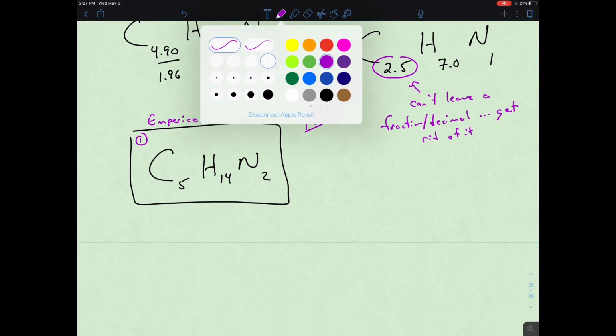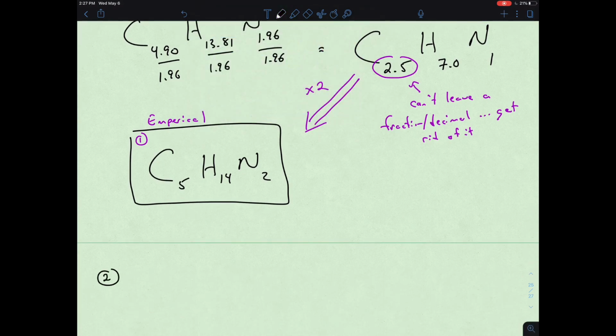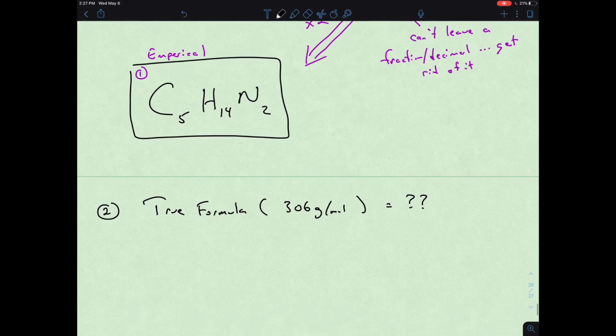The second part was then, right, what's the true formula? We know the molar mass, but we don't know what the actual true formula is. So if we go back to the empirical, which we have above, the empirical molar mass for this molecule is 102 grams per mole.